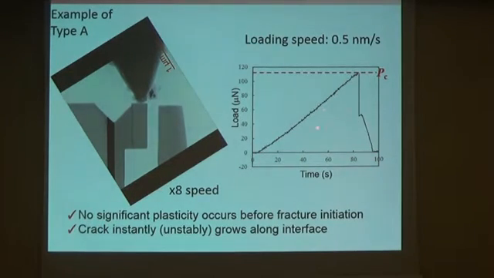If we look at this as a displacement, a very linear displacement curve is seen here. So from here, we can say that we do not have much plasticity of copper, and in this analysis I assume that the copper layer is elastic.